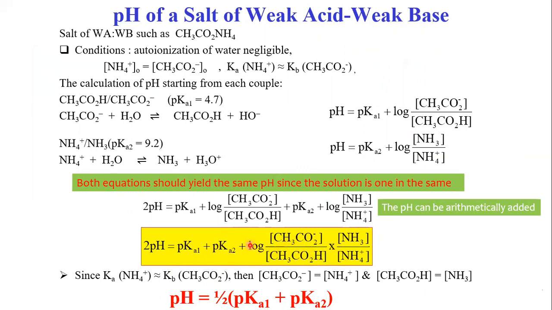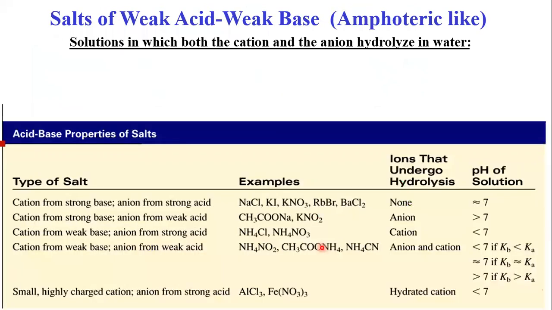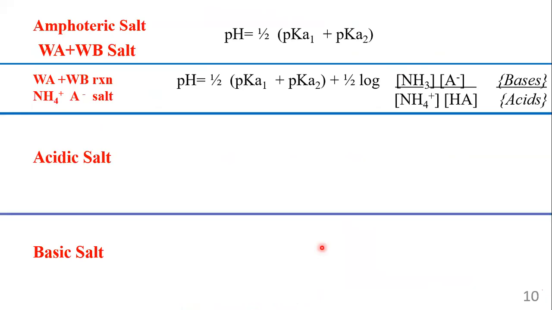And I'm going to go through the derivation as we solve a problem, and not just like this. So when we solve a problem, I will go through the exact derivation of this, but keep this yellow equation in mind.